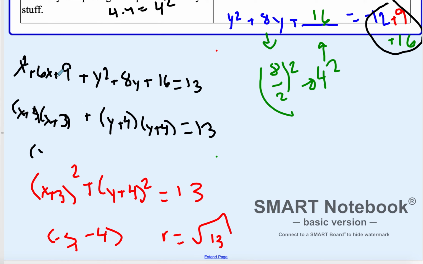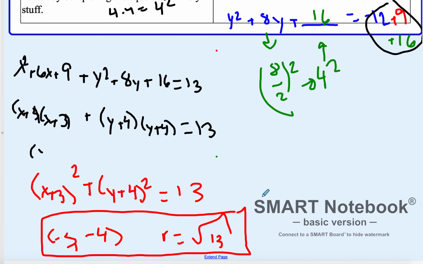You want it to look like this, where we have an x plus or minus something, a y plus or minus something, both of those terms squared, and just a constant on the other side. And that gives you your center-radius form, where it's super easy to figure out what the center of the circle is and what the radius of the circle is.